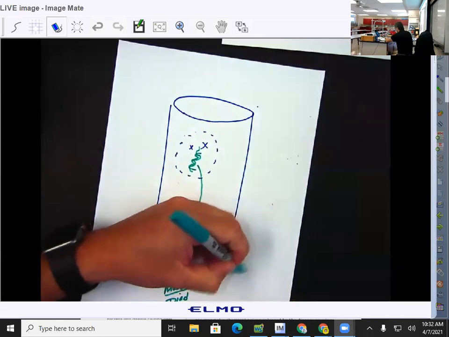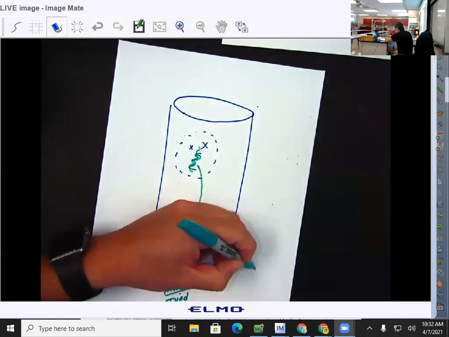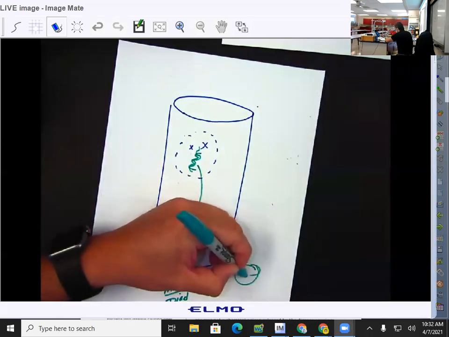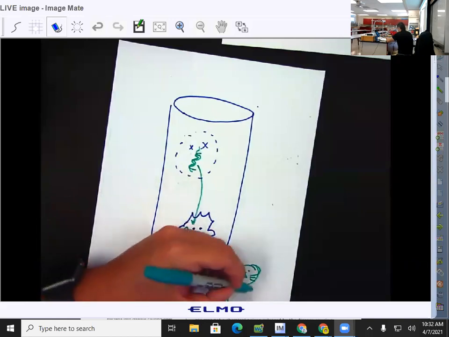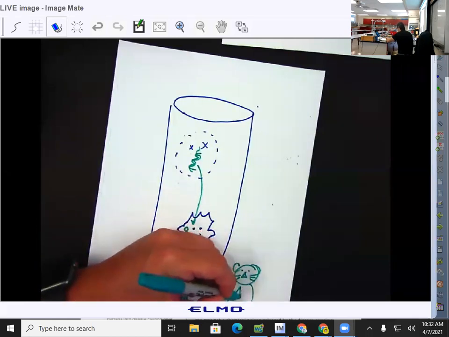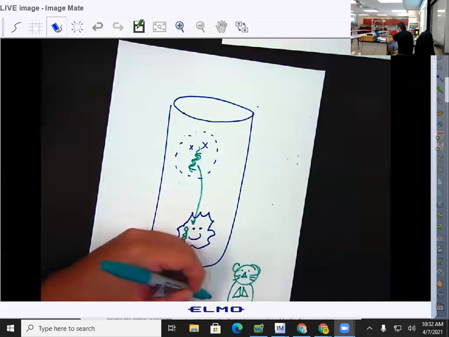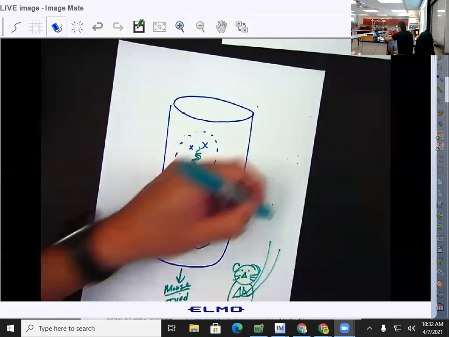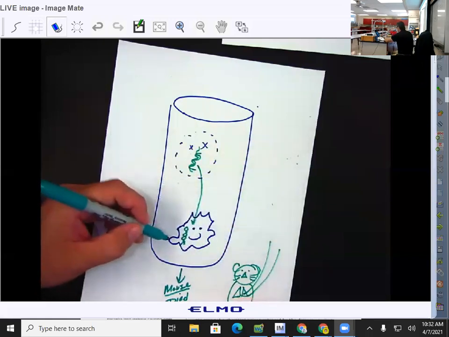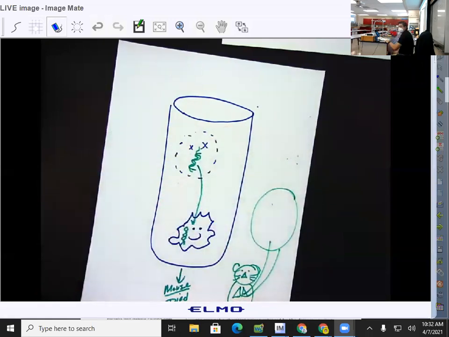He opened up the mouse. So here's the mouse. I don't know if I can draw a mouse. That looks like a cat. But he looked at his lungs. He took a sample of his lungs and opened them up, and when he looked at his lungs, guess what he found under the microscope?